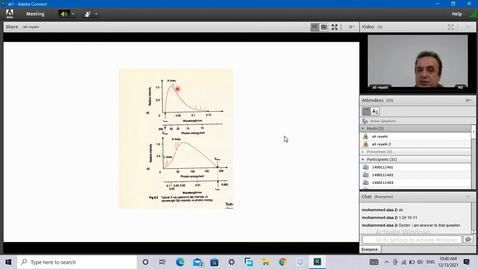This spectrum has two parts. The first part is a continuous spectrum, and the second part is these vertical lines, which are the linear spectrum.